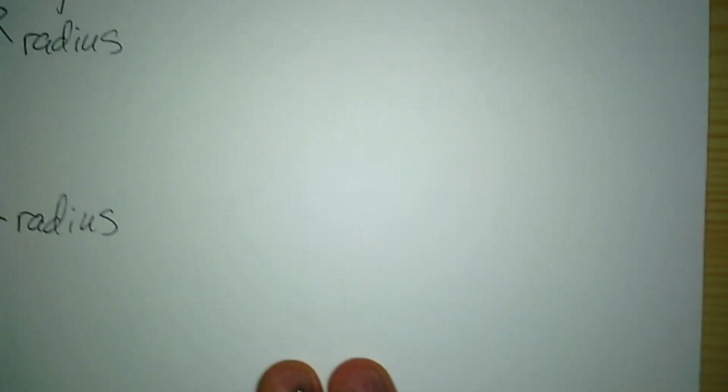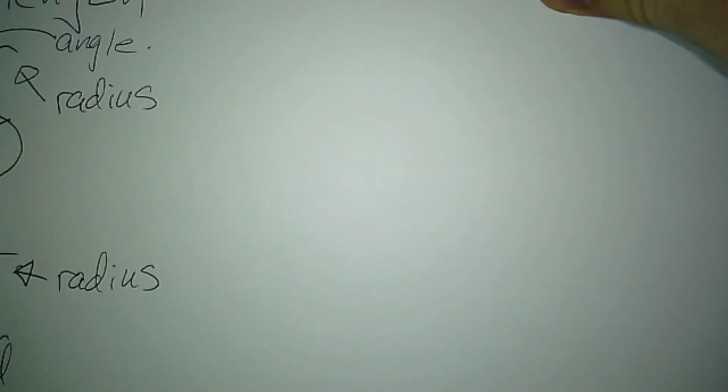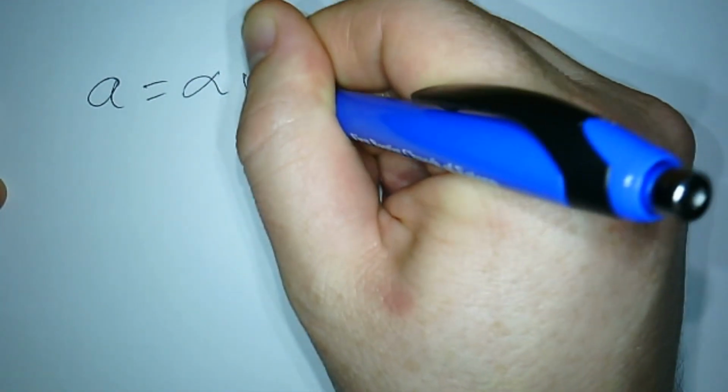So let's just go to a new page. We'll do angular acceleration real quick. So if I want to go from linear acceleration to angular acceleration, it's the same exact thing.